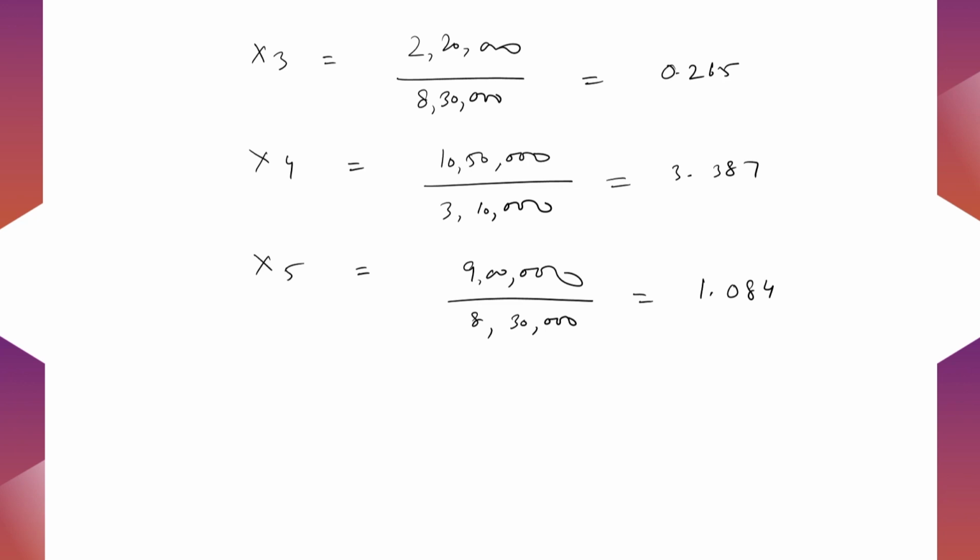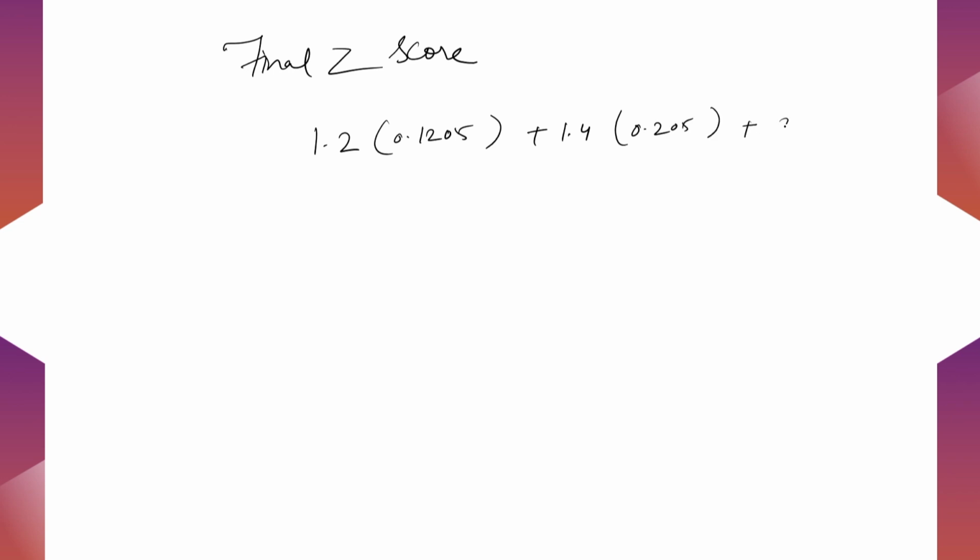So we are there to calculate the final Z score. Putting all these values of x1, x2, x3, x4 and x5 in the Z score formula: 1.2 into 0.1205 plus 1.4 into 0.205 plus 3.3 into 0.265 plus 0.6 into 3.387 plus 1 into 1.084.